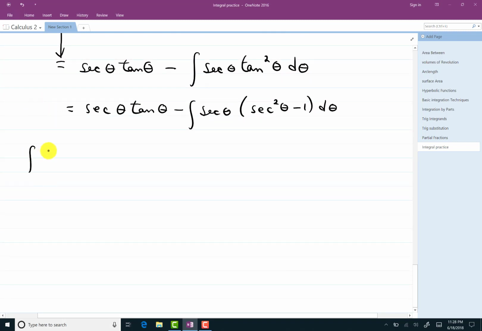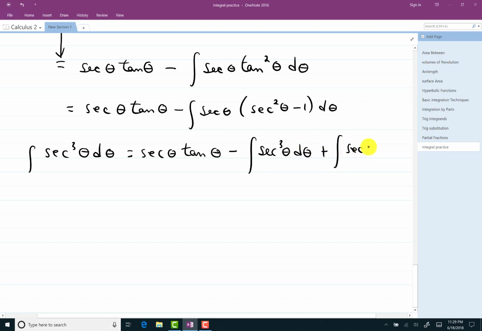On the left we had secant. So this, once I make this identity, I multiply through to get the secant cubed.